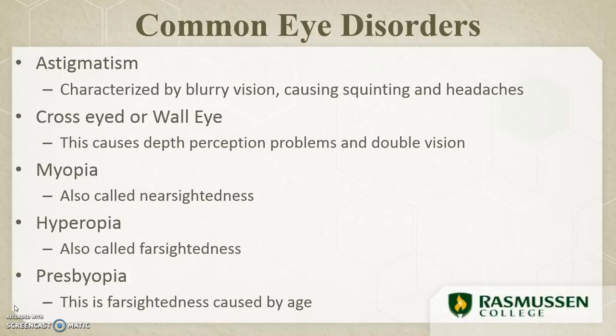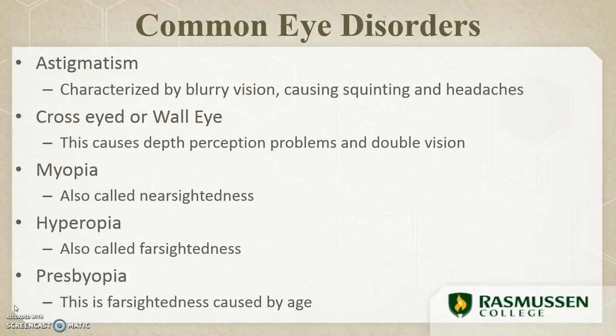It is characterized by blurry vision, but patients could also be squinting or complaining of frequent headaches, typically around the eyes. Astigmatism is generally treated with glasses or contacts, but you could also use surgery to help reshape your cornea.